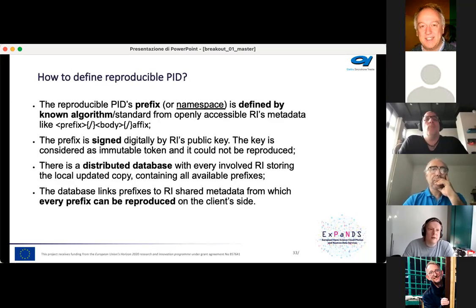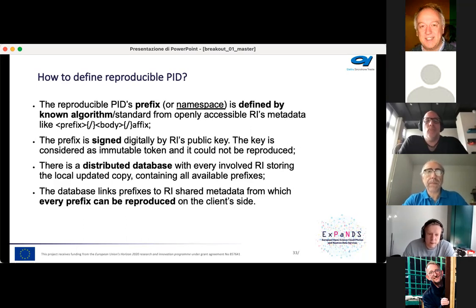About the definition of reproducible PID, because it was already mentioned in our PID architecture as a possible internal identification mechanism. It could be defined like a DOI and signed by the public key.